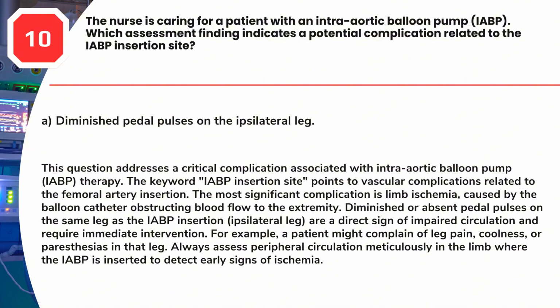Diminished or absent pedal pulses on the same leg as the IABP insertion, the ipsilateral leg, are a direct sign of impaired circulation and require immediate intervention. For example, a patient might complain of leg pain, coolness, or paresthesias in that leg. Always assess peripheral circulation meticulously in the limb where the IABP is inserted to detect early signs of ischemia.